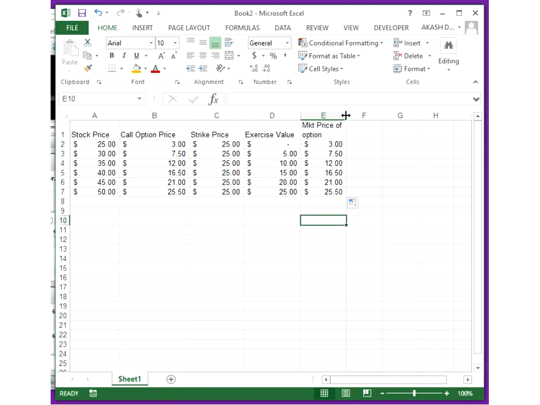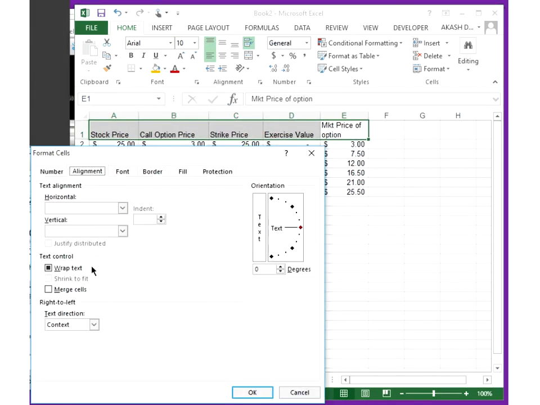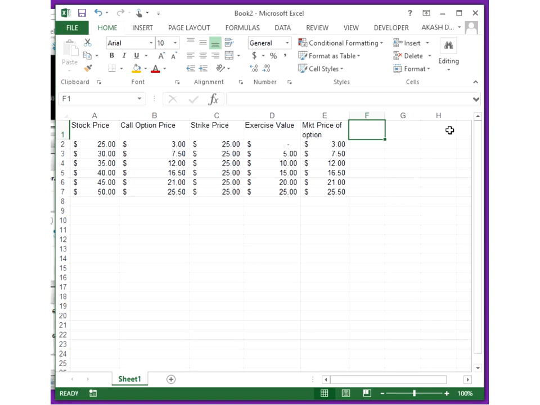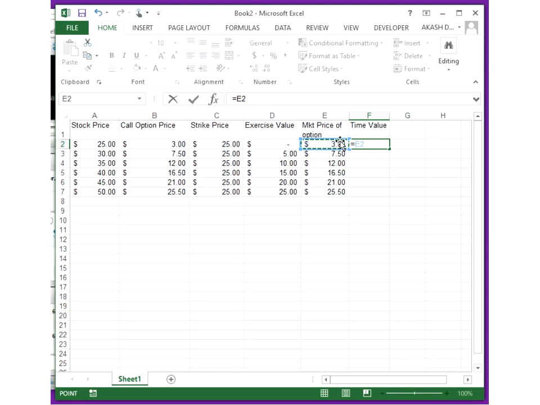So $3, $7.50, $12, $16.50, $21, and $25.50. So this is the price at which you can buy or sell this option in the market. All right. Then what we add to this is the time value, which is the convenience charge. Yes, same as call option price. So time value would be the market price of option minus the exercise value.